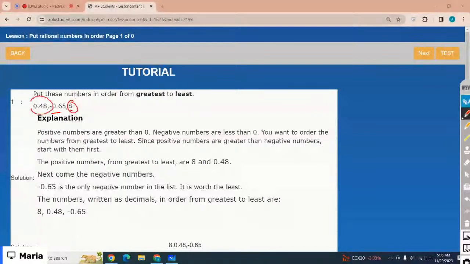You have to arrange them from greatest to least. That means the two positive numbers are greater than the negative one. So just look at the positive ones, 0.48 and 8. The greatest one would be 8. Then you have 0.48, and the negative number is the smallest one. So that would be 8, 0.48 and negative 0.65, right?